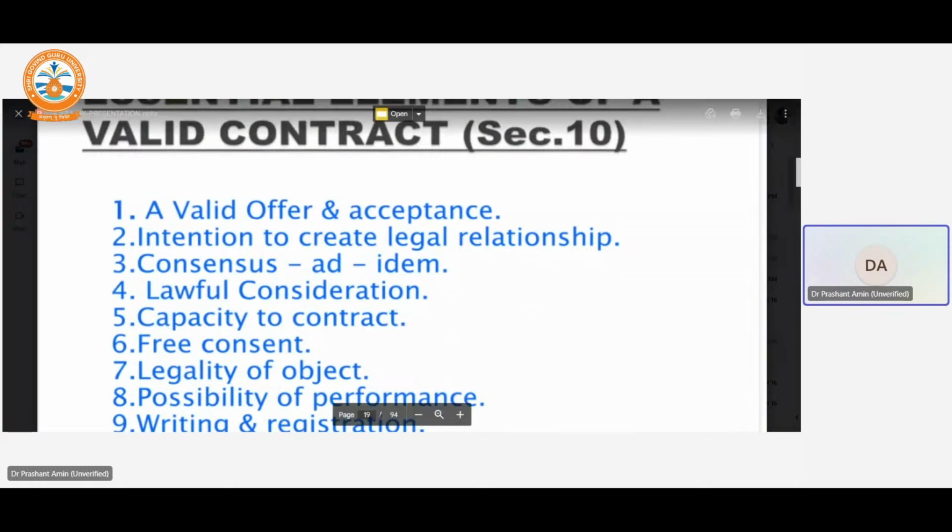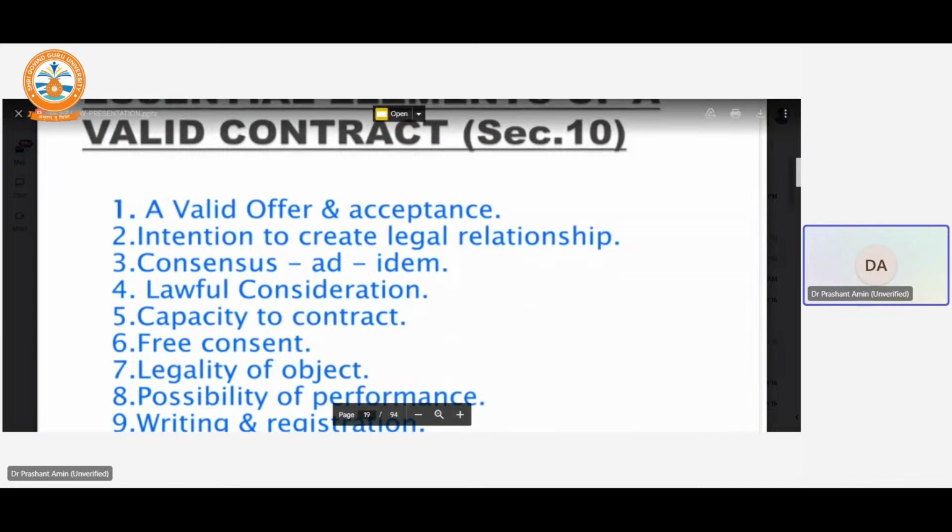Then there must be intention to create a legal relationship. When party A and party B enter into a contractual relationship, there has to be intention to create a legal relationship. If the legal relationship is absent, then we cannot qualify it under the contract act, right?